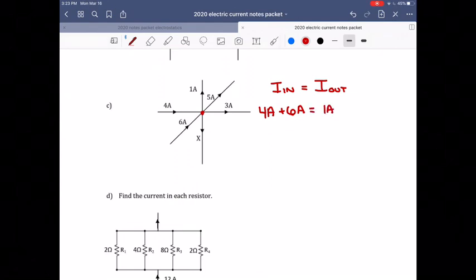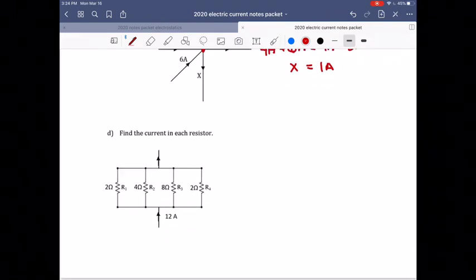So we have 1 amp, 5 amps, 3 amps, and then X amps. We have 10 amps going in, we have 9 plus X going out, so X has to equal 1 amp, okay? The in and the out has to be balanced.